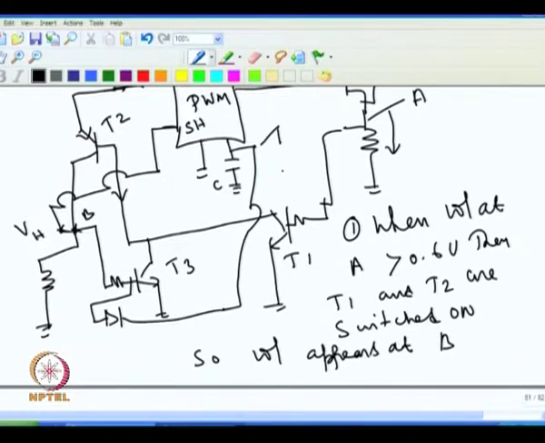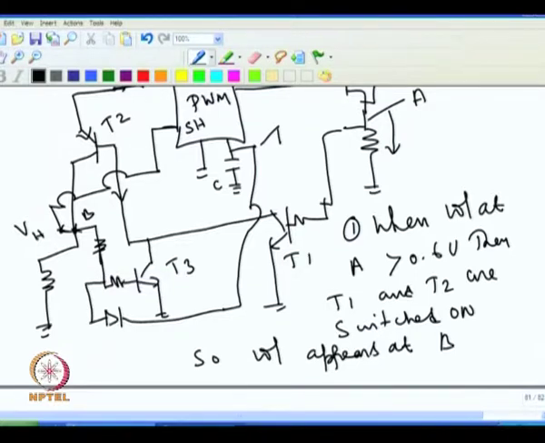Of course, to practically make this circuit work, we need to make a small change, because when this diode is conducting, this needs 0.6 volt. At 0.6 this may still conduct. To make it foolproof, I can shift this like this.